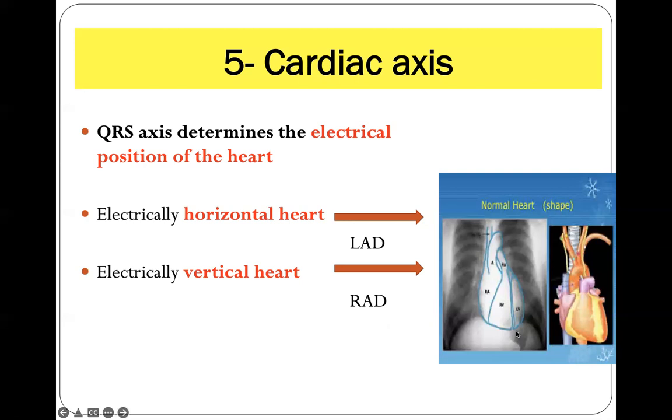So as a general rule, when the heart goes towards one electrode, it makes its electricity more positive. And when it moves away from the other electrode, it will make the electricity in it more negative.